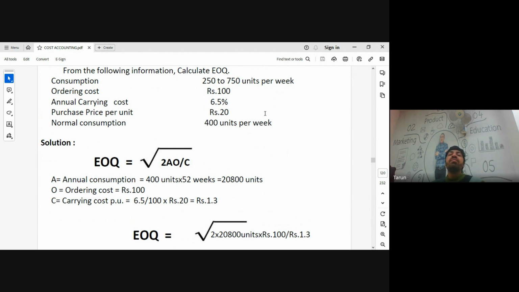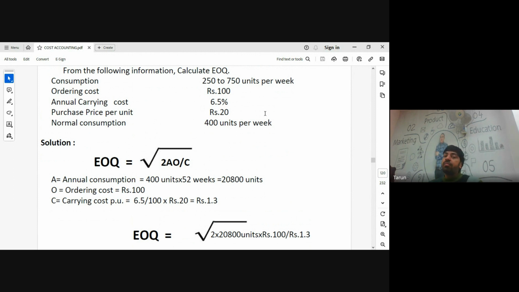So how many weeks are mentioned? It has been calculated as 52 weeks. Normal consumption is 400 units per week, which has already been given in the question, and you can say 250 to 750 units per week.